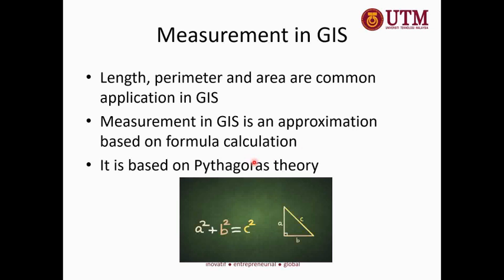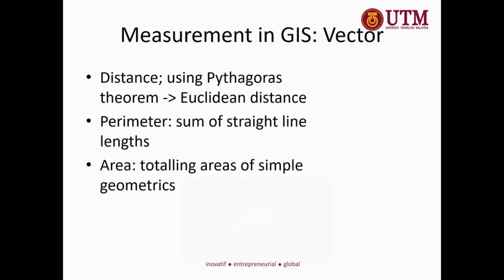As I said, it's based on the Pythagoras theorem. So distance uses the Pythagoras theorem, the Euclidean distance, and the perimeter is the sum of straight line lengths.